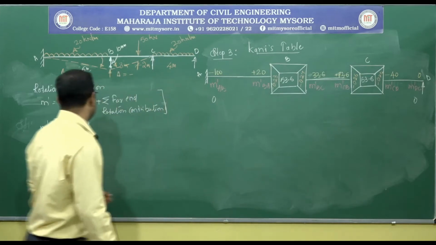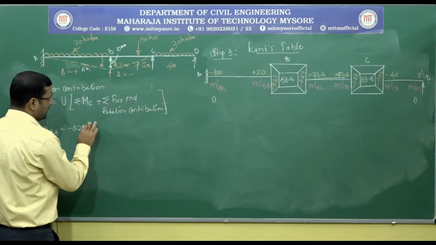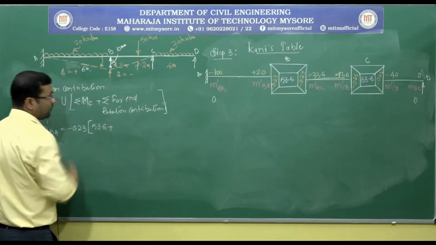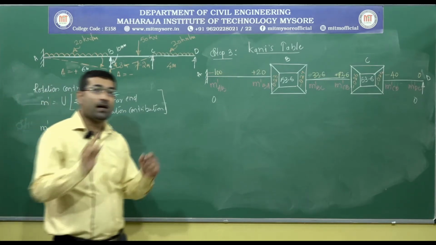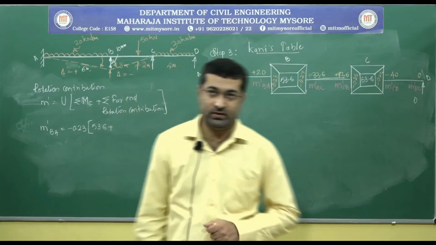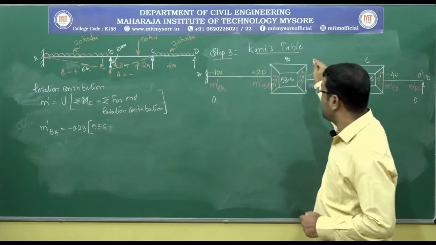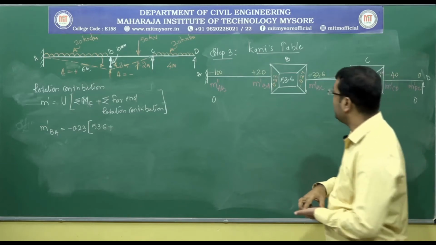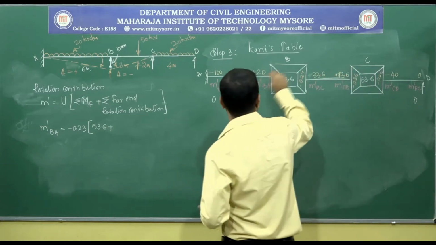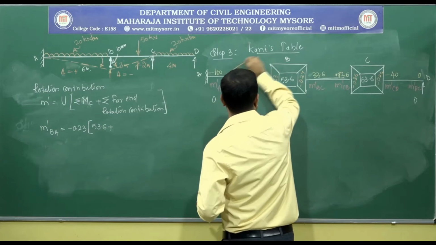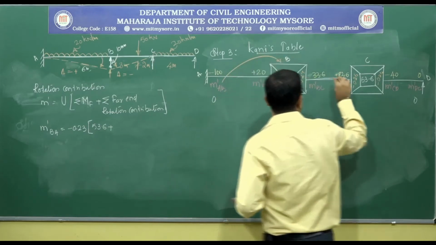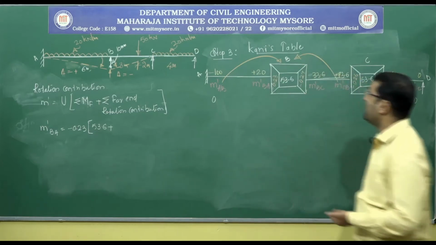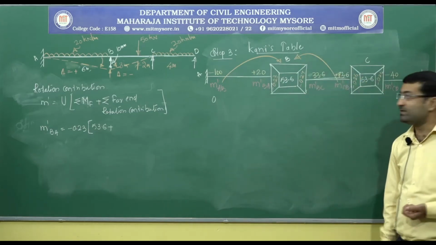So, the sum of fixed end moments is 53.6 plus the far end rotation contributions. For joint B, which are the far end rotation contributions? M dash AB and M dash CB are the far end rotation contributions.